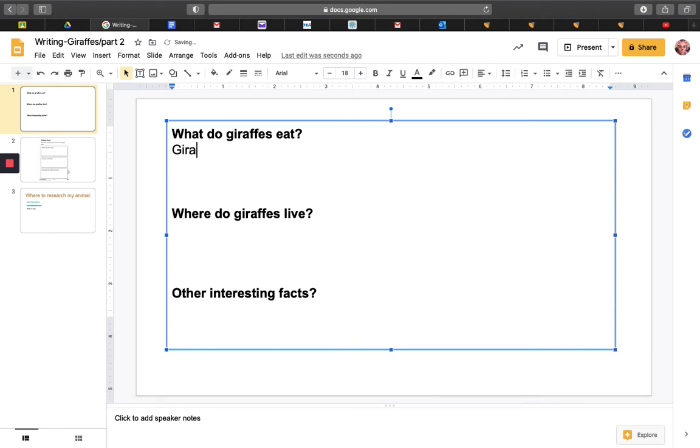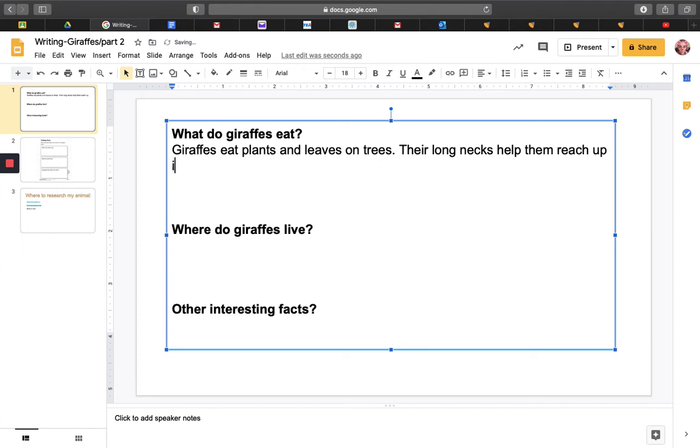So I would say giraffes eat plants and leaves on trees. Their long necks help them reach up into trees for their food.